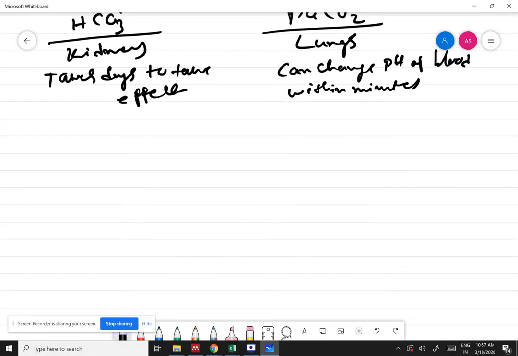As I told you, there can be four types. Metabolic acidosis means it is happening in the kidney. The kidney can only regulate HCO3 minus, which is the basic, alkaline part of that chemical reaction we discussed earlier.